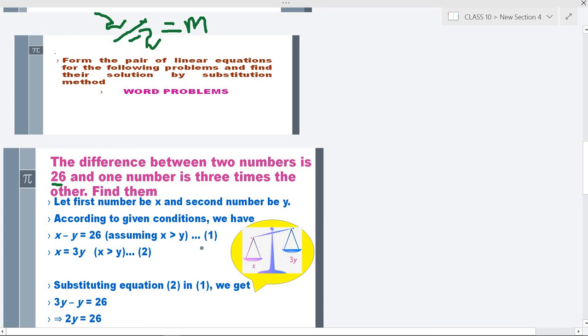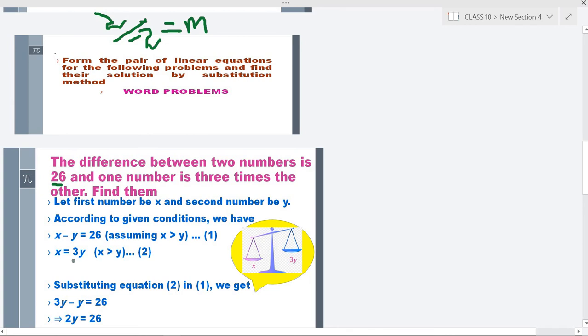What about equation 2? In equation 2, it is given that x is 3 times y. y is the smaller number, so we will take it 3 times in order to balance it with x. The greater one is x, so it won't be multiplied. But you will multiply the smaller number with 3 in order to balance it. And always write the condition x is greater than y.